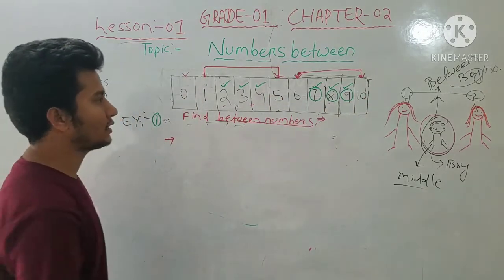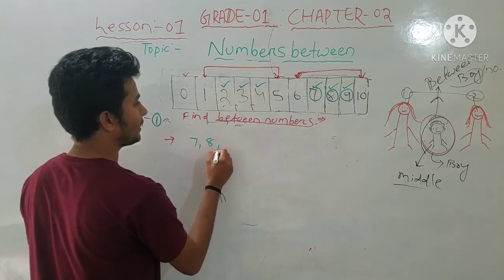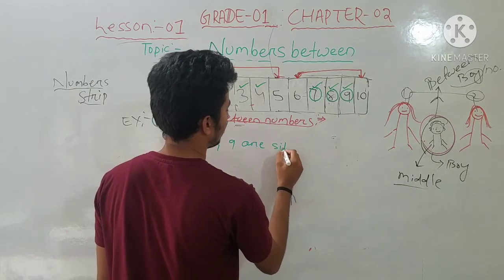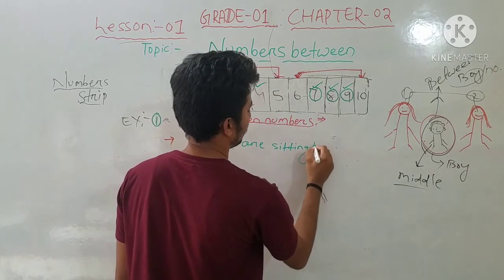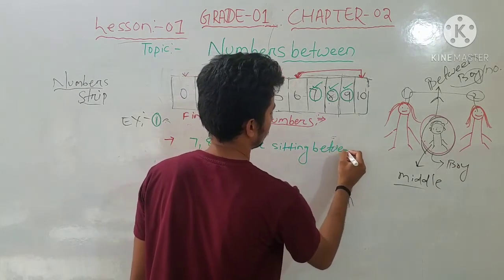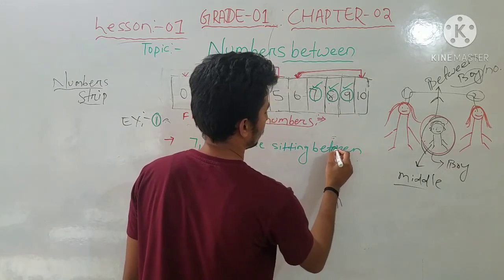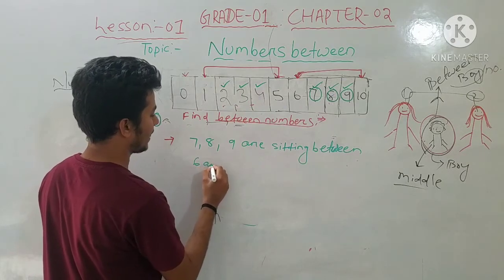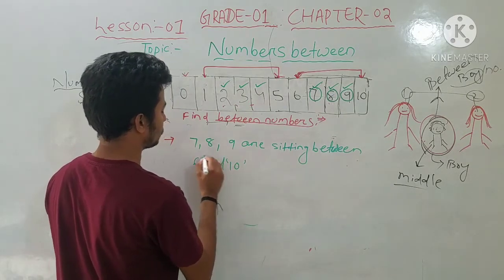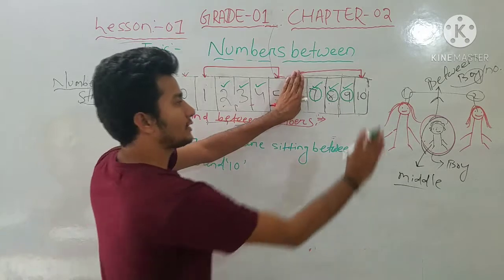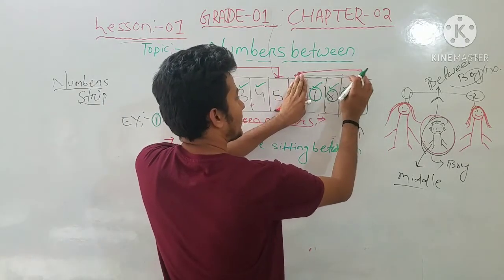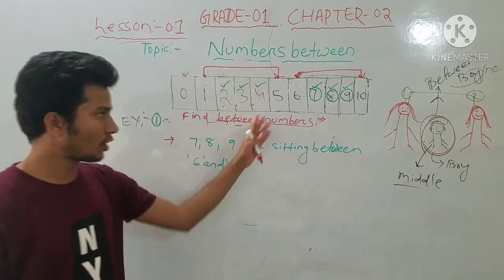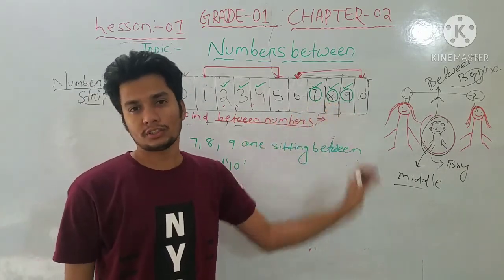So we can write 7, 8, 9 are sitting between 6 and 10. Understood students? So between 6 and 10, 7, 8, 9 are there. So these are called numbers between.